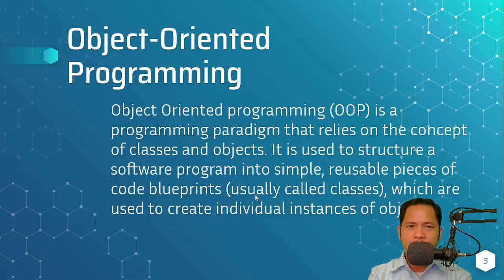So in OOP, we write classes, which are blueprints. Then somewhere within the program, you write instantiations, which will create an instance of the class. And this instance is called an object. And eventually, these objects are the ones that hold the data and the methods that perform executions using those data.